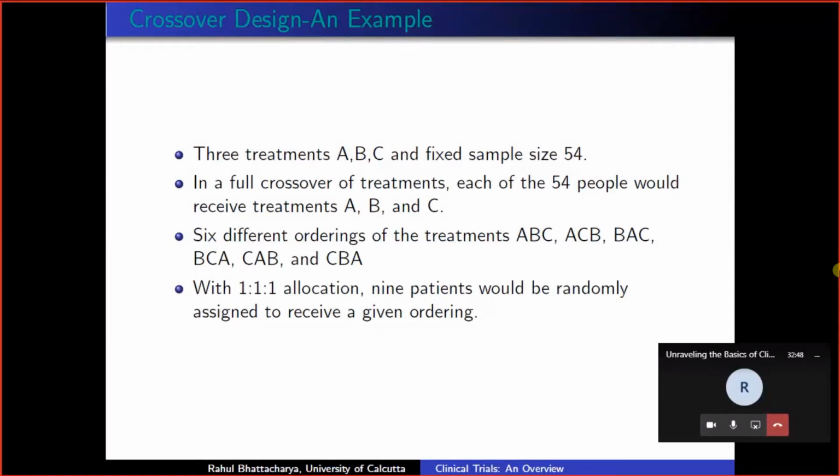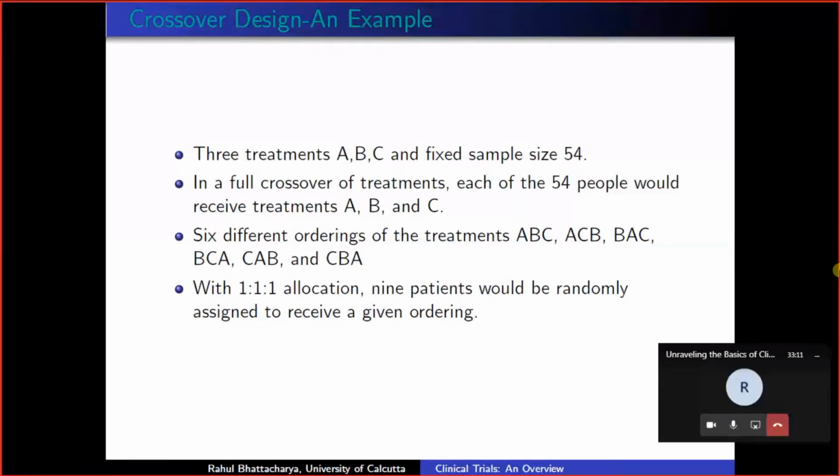So with 1:1:1 allocation, 9 patients would be randomly assigned to receive a given ordering. So there will be 9 patients in the treatment combination ABC, 9 patients in the combination ACB, and so on. So this is how crossover designs are planned.